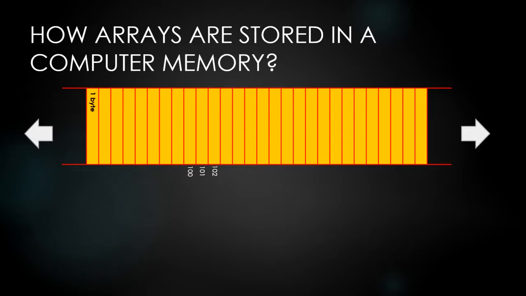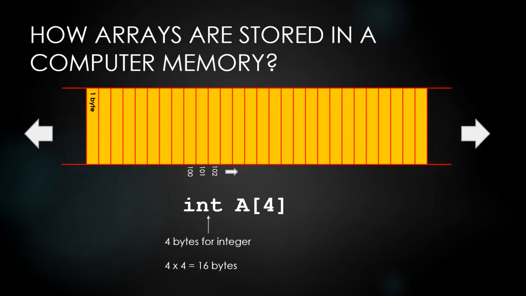Now, we can define an array, something like an integer array, let's say, for example, of size 4. If an integer typically takes 4 bytes of memory, then an array of 4 integers will take 16 bytes of memory. When the program executes, the computer allocates 16 contiguous bytes in memory.